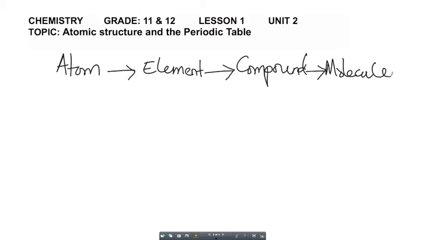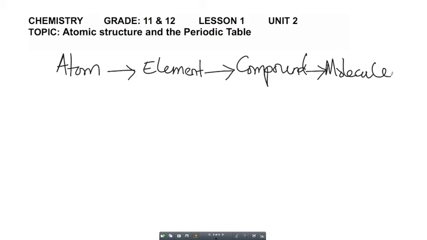So what I want us to do is that if, for example, I have an atom, I may consider a simple atom like sodium. If I have a sodium atom, it means that sodium atom has an element called sodium element. But however, for us to have a compound, it means I may join two atoms to give us that compound.